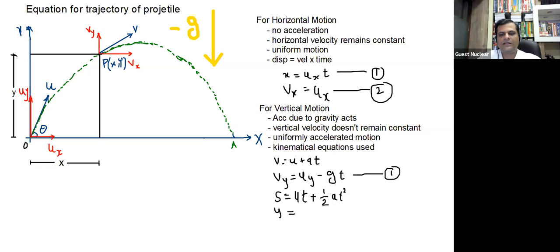Okay, now what is going to come in place of u, tell me? What is the initial velocity of the body? It is uy, correct? It is the initial vertical velocity. So we can replace it by that and get this as uy, into t as it is. Yes, and what we are left with, look here, in the next step, is plus half a t square. But what is a here? So a here is going to be minus g, correct? So if we put minus g in place of a, the minus sign will come out, and because of that we can write here minus half g t square, correct?